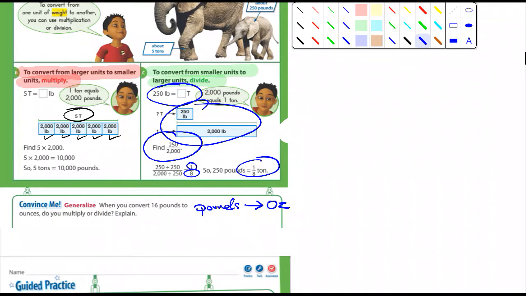Larger to smaller, so we're going to multiply. So when you convert 16 pounds to ounces, do you multiply or divide? Explain. Going from larger to smaller, you multiply.